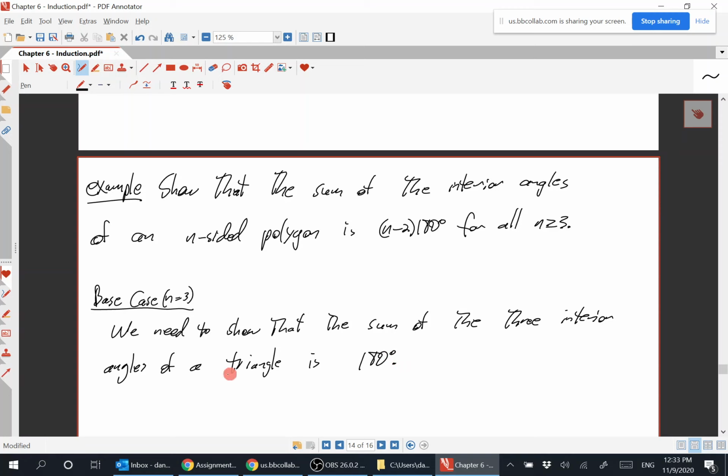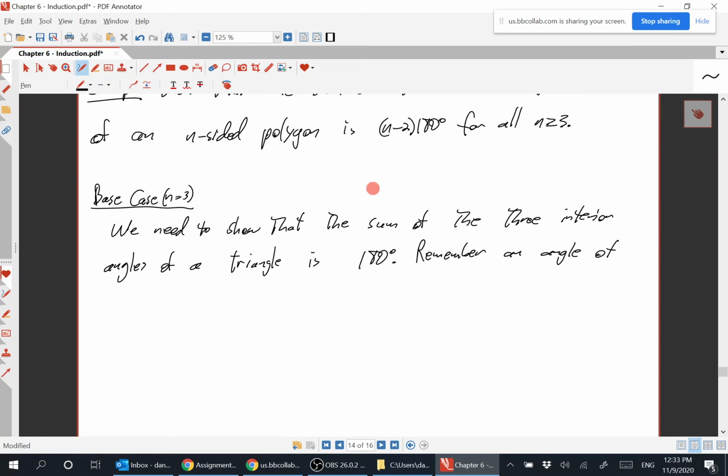What is 180 degrees? What does that angle look like? 180 degrees is the rotation necessary for creating what? Just a line. Yeah, a straight line.